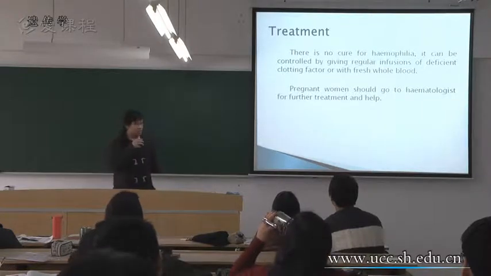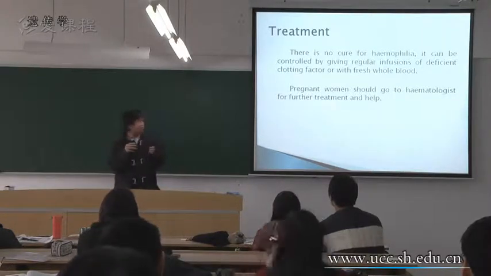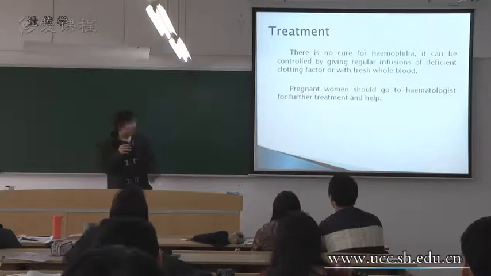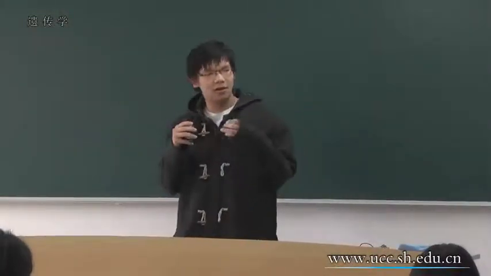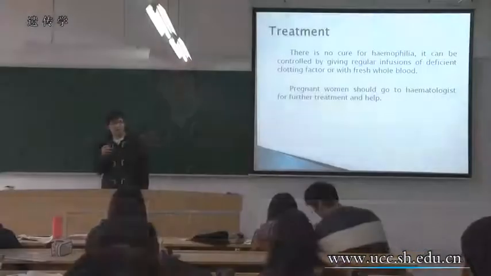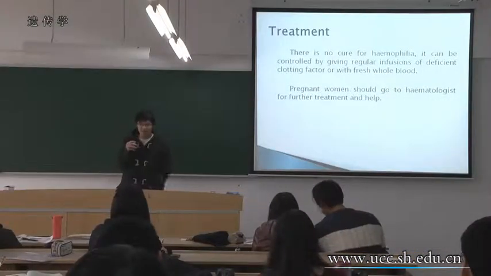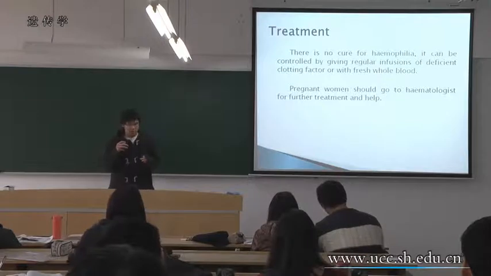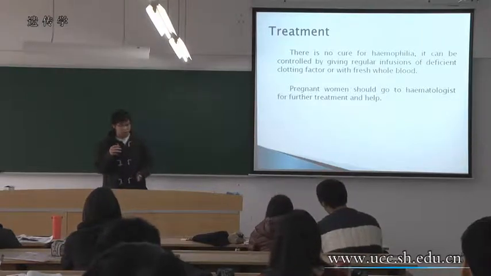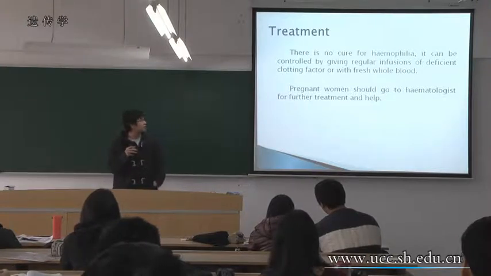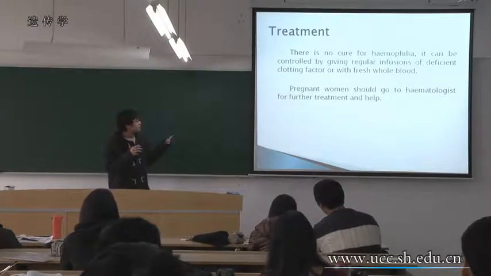But as the infusion keeps going, your body will grow resistant, as it creates antibodies to that certain factor, so the dosage has to be increased every time the patient is infused with the clotting factor.